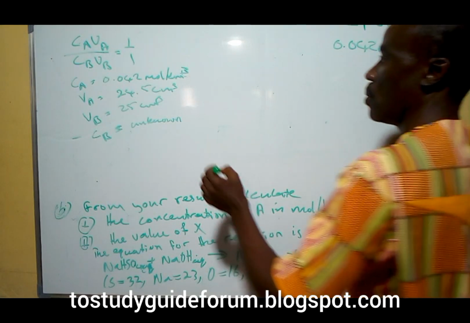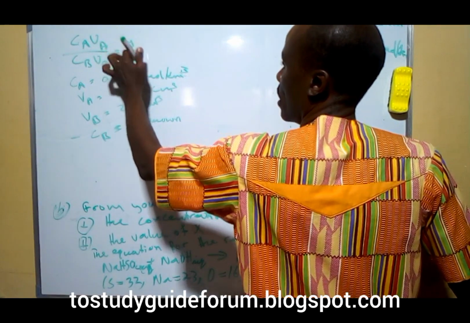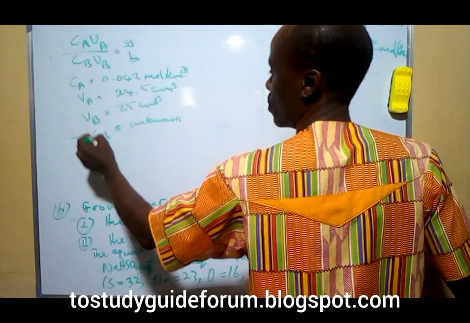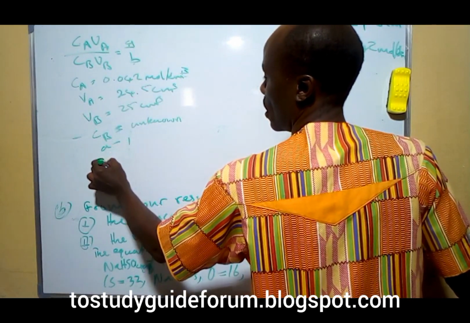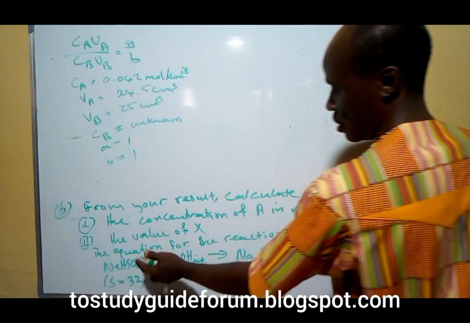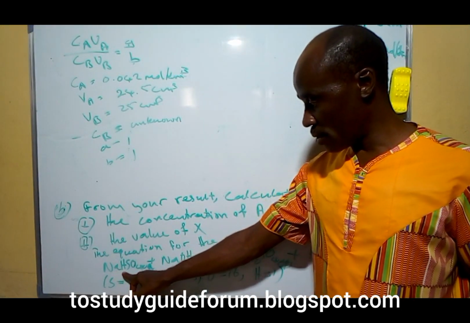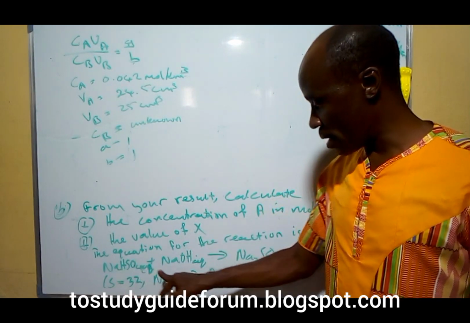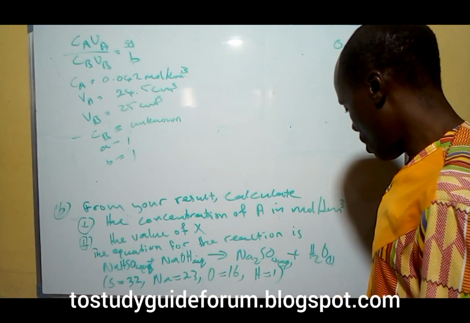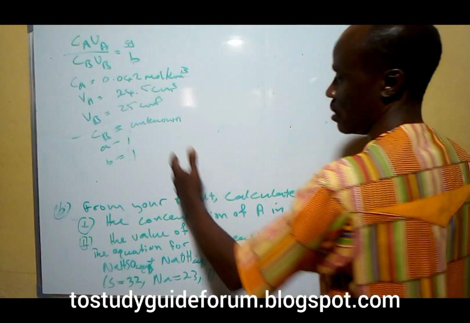Our ratio of A to B is 1 to 1, based on this chemical equation: sodium hydrogen tetraoxosulphate(VI) is 1, and the other is also 1.